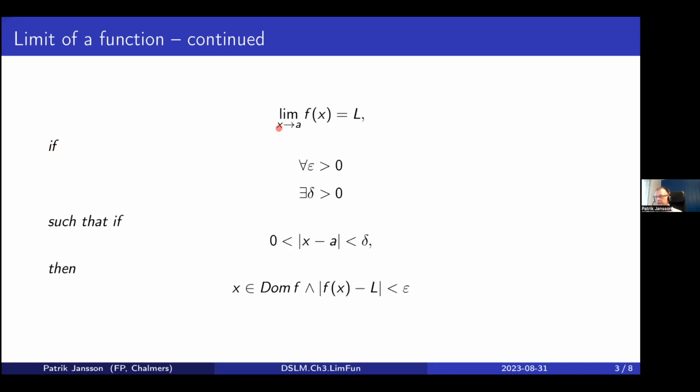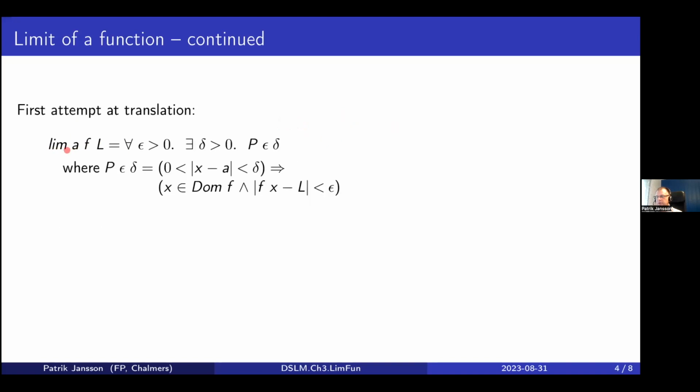Here it says x arrow a, f of x in L, but the important components here are a, f, and L. So I've taken those a, f, and L as arguments to a predicate. A predicate in logic is something that can be false or true. And depending on what a, f, and L are sent in here, it can be false or true.